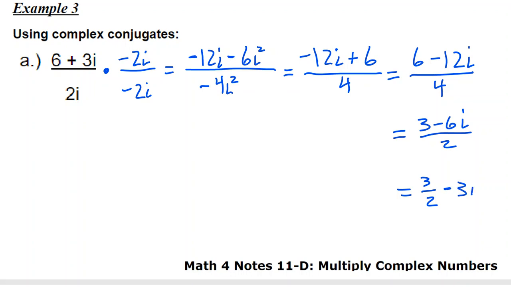I'll copy something from another source. And sometimes you would see it left that way, where they would separate the fraction: 3 over 2 and 6 over 2. But again, all of these are perfectly acceptable answers in the end. All right.